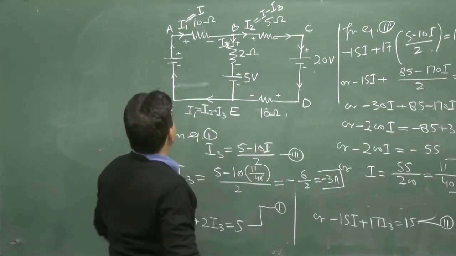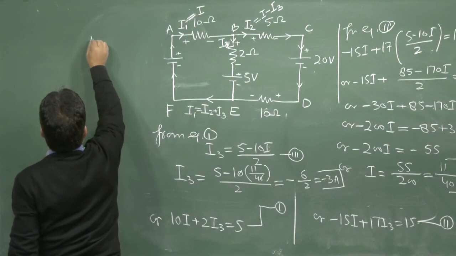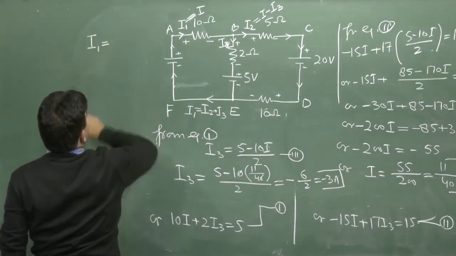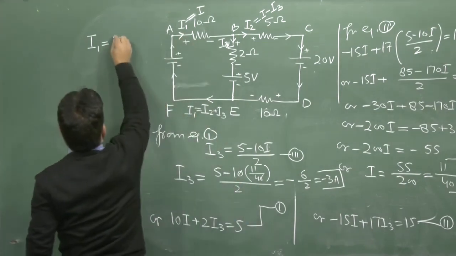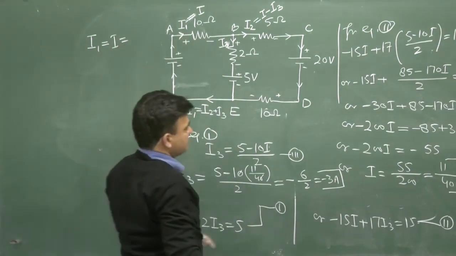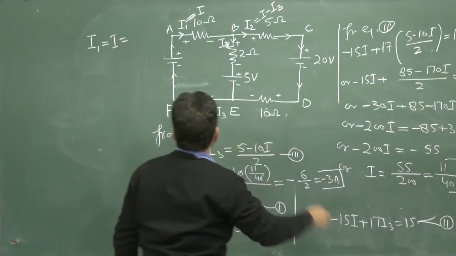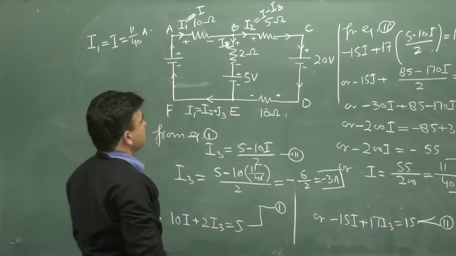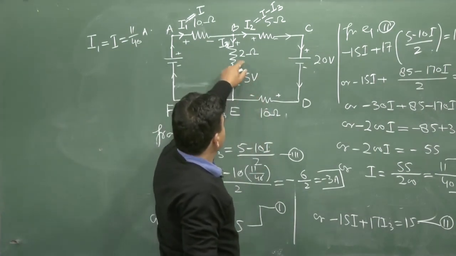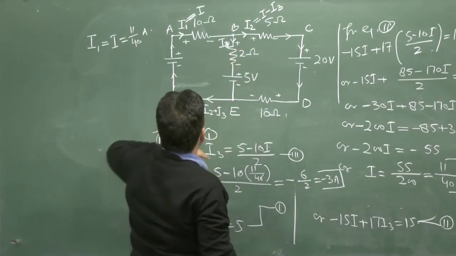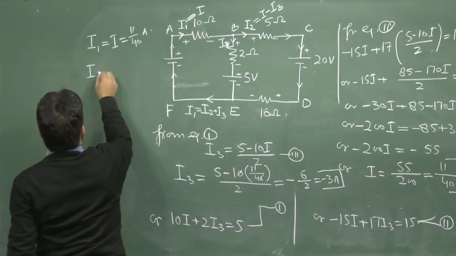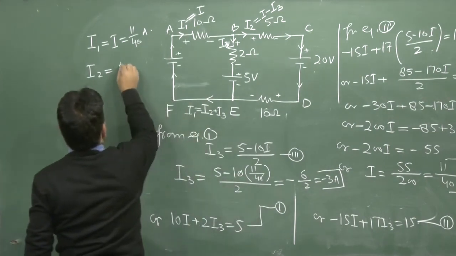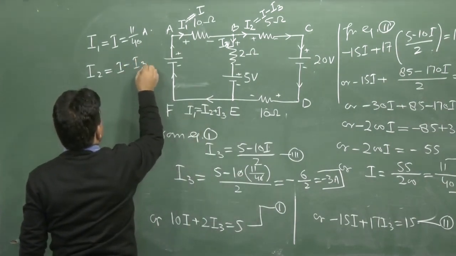Now, let us see the branch currents. I1 is equal to I and is equal to 11 by 40 amperes. Check the calculations also. Now here I2, current in this branch, I2 is I minus I3.